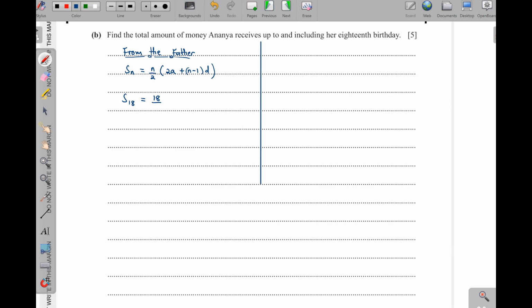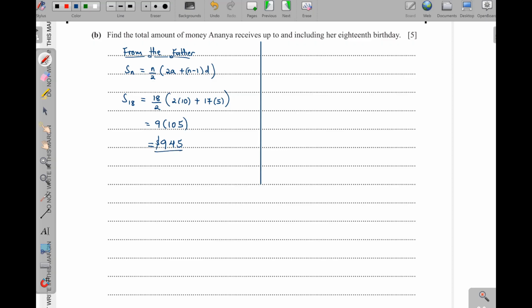So we have 18 over 2 into 2 times the 10, then plus 18 minus 1, that is 17, and then times 5. So this will be 85, then plus 20, that's 105, not so? Then 9 times 105, what do we get here? Now, of course, 5 times 9 is 45, and then 9 times 1 is 9, so it will be $945.